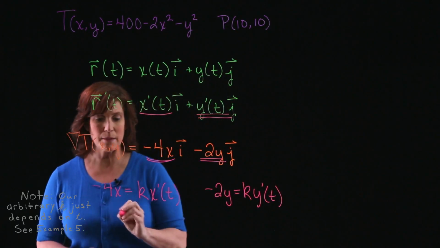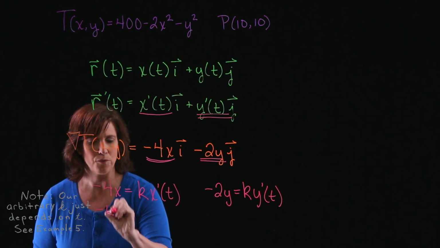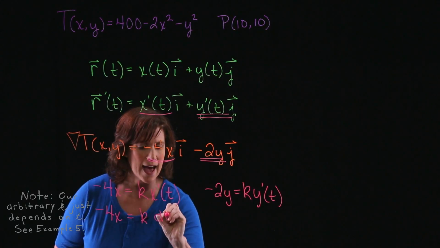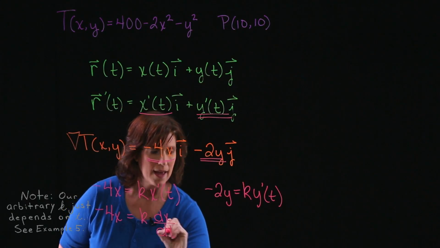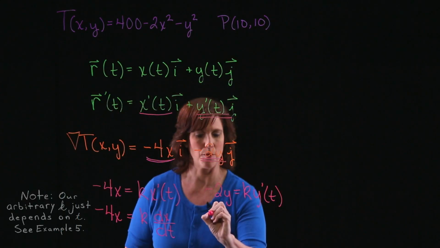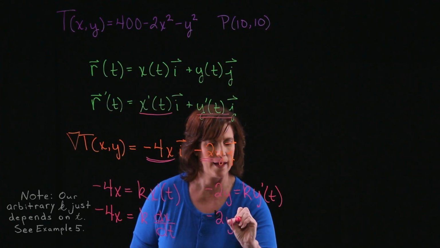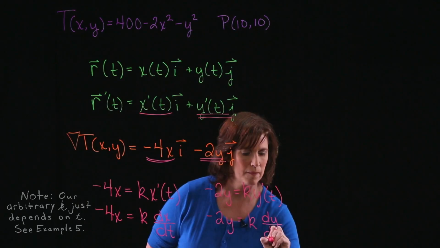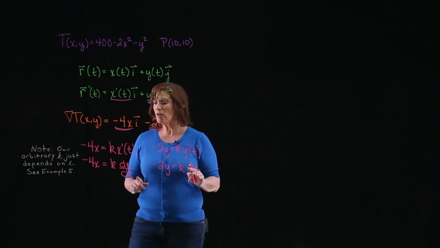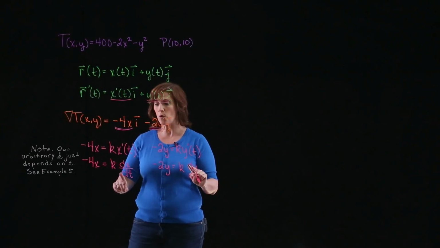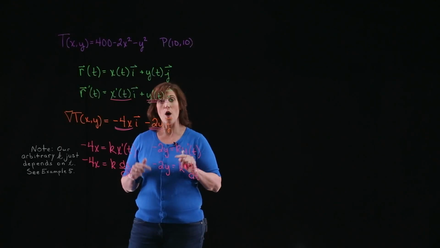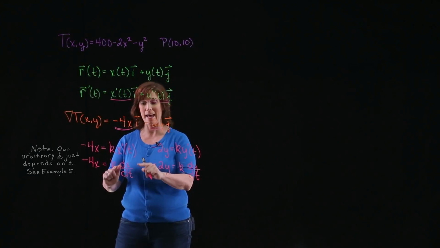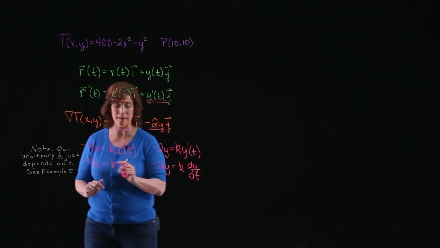All right, so the next thing I'm going to do is just a little rewriting. I'll write that as minus 4x equals k times dx/dt. And my second equation I'll write as minus 2y equals k times dy/dt. And then I'll notice that I can solve each of these equations for dt over k. Now, how do I do that? Well, first of all, I'll divide both sides by k and multiply both sides by dt.